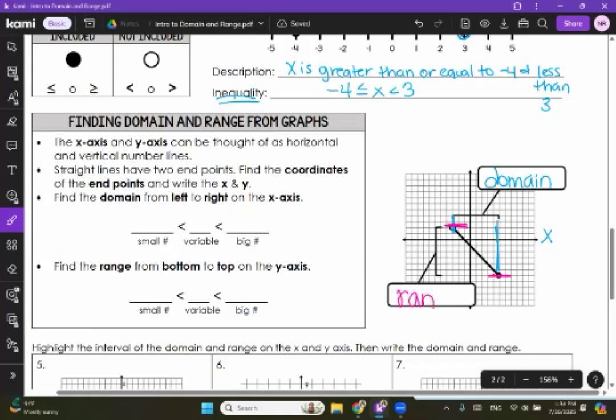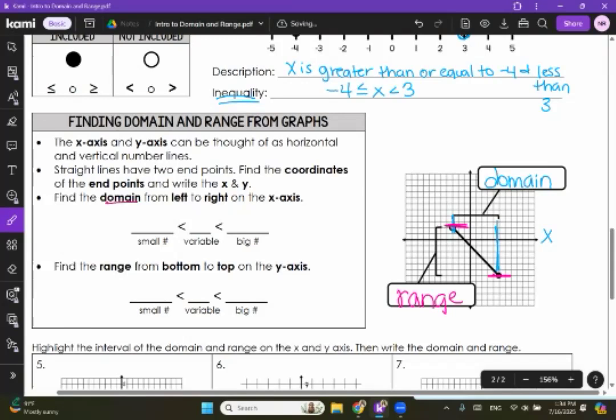That is your range. Now, this is the format that I want you to use every single time when we're writing domain and range: you want to find the domain from the left to the right, range from the bottom to the top, always minimum to maximum, small number to large number, okay?